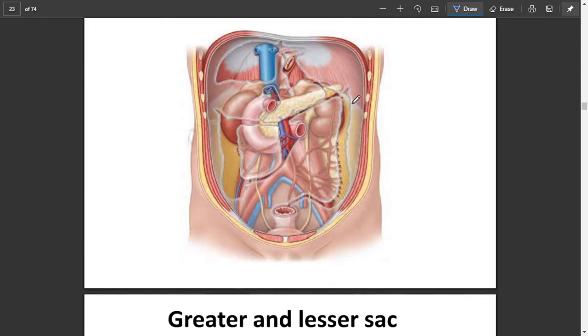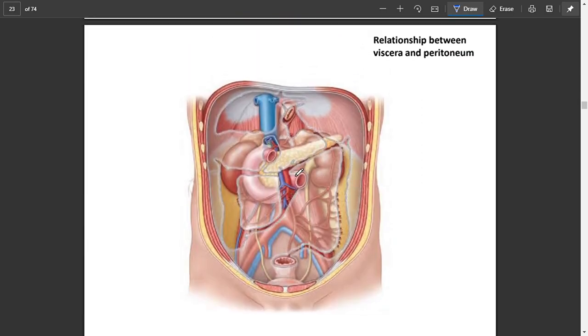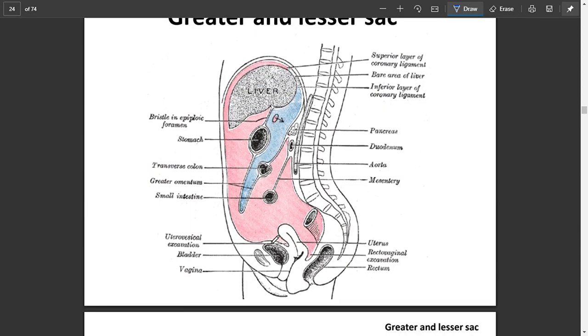This is the peritoneum, and the lining here is surrounding, and these vessels are piercing the peritoneum, as you can see here, and greater and lesser sac.